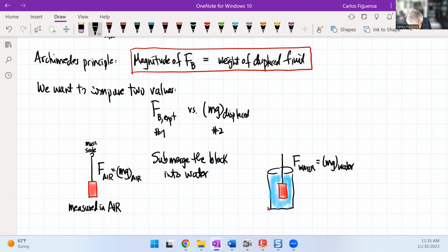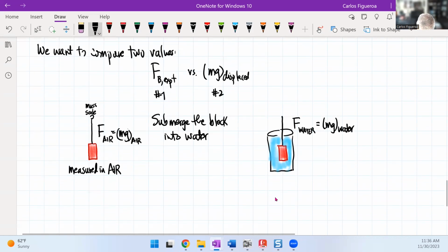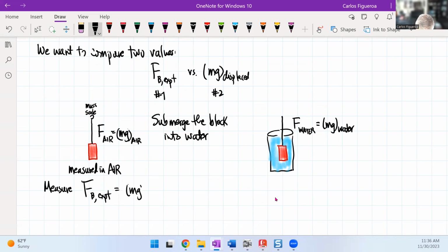You're going to see a difference between the two. The weight in air will be heavier, and the difference is the buoyant force. We can measure F_B experimentally by looking at the difference between the weight in air minus the weight in water.